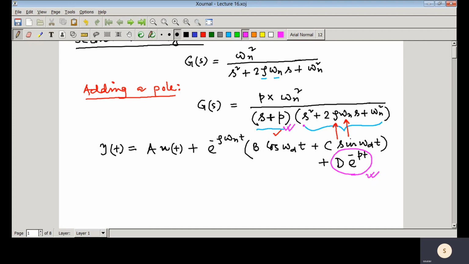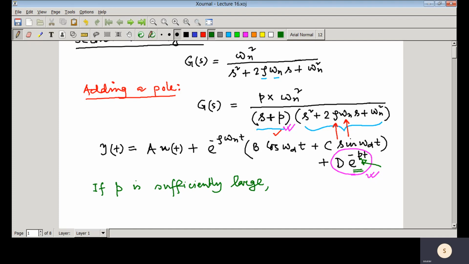And here it is clear that if p is sufficiently large, say suppose p is equal to 100, then e to the power minus p t would die out very quickly.